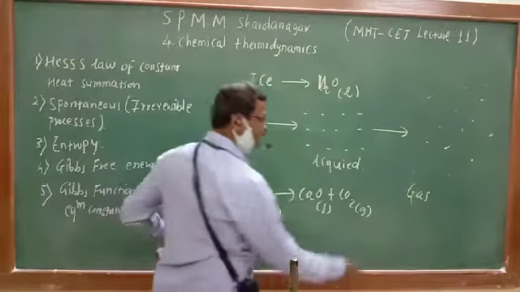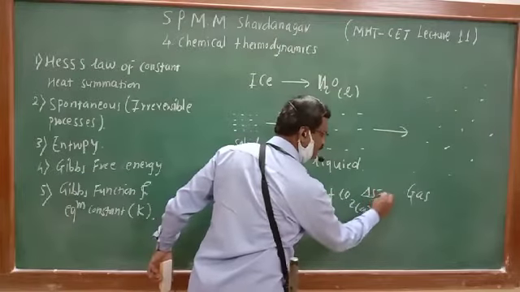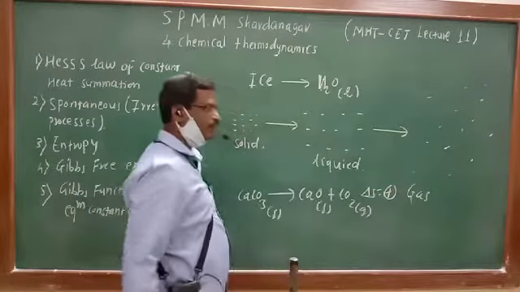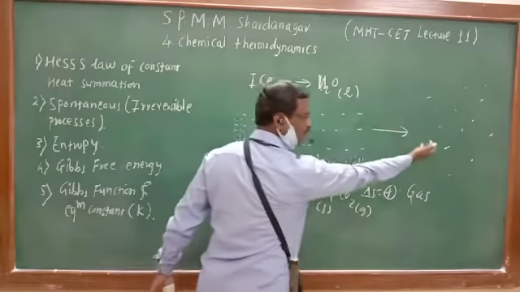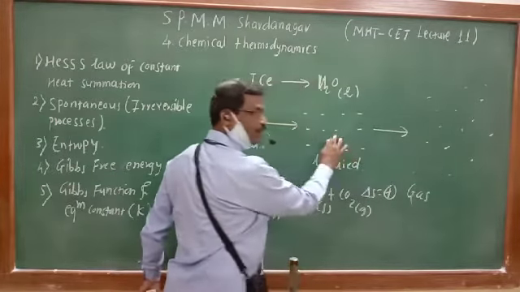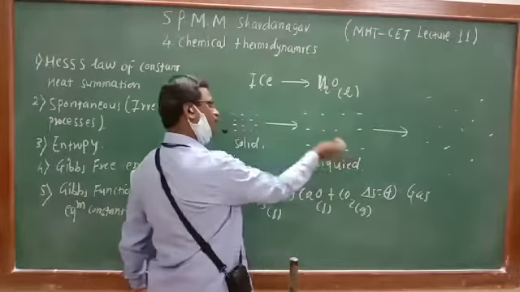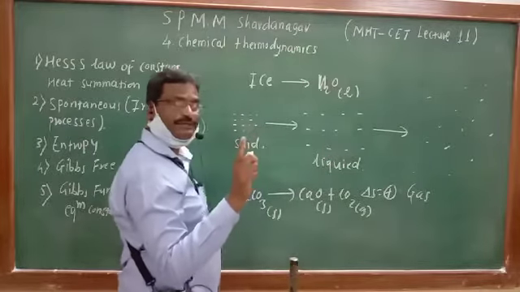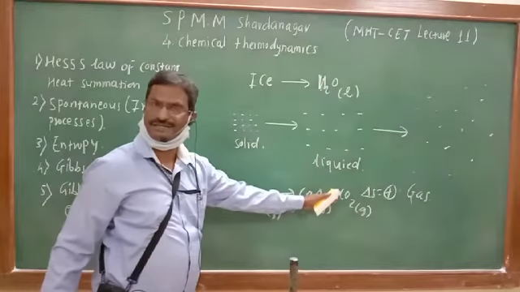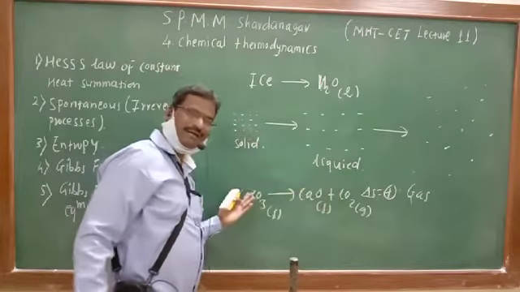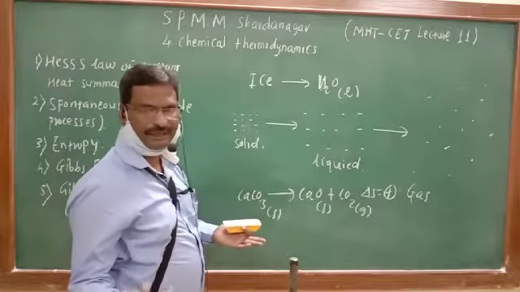Entropy is indicated by delta S. It is a positive change in entropy. Solid to liquid, positive entropy. Liquid to gas, positive entropy. Gas to liquid, negative entropy. Liquid to solid, negative entropy change. So here for the forward reaction, entropy change is positive. For the backward reaction, entropy change will be negative.